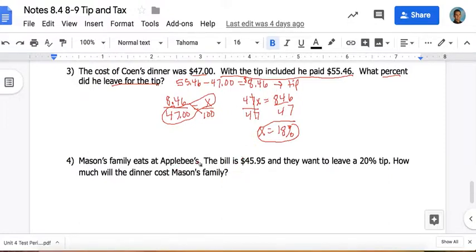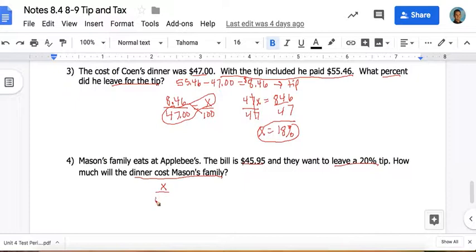Number 4, Mason's family eats at Applebee's. The bill is $45.95, and they want to leave a 20% tip. How much will the dinner cost Mason's family? Okay, so we want to know how much the whole dinner is going to cost with the tip. So we have to find the tip first, and then we're going to add the tip.